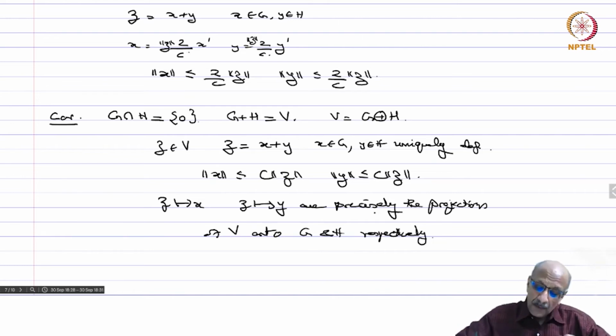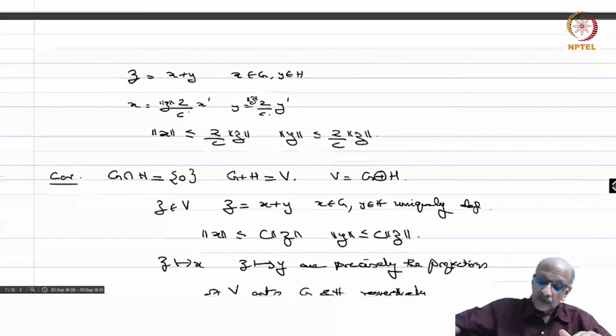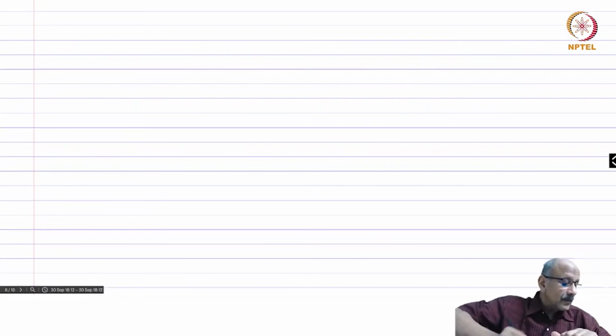So if you have a decomposition, if G plus H is closed or G plus H is the whole of V and G intersection H is the singleton 0, then the projection is continuous. That is a consequence of the open mapping theorem. Otherwise, the projection need not be continuous.